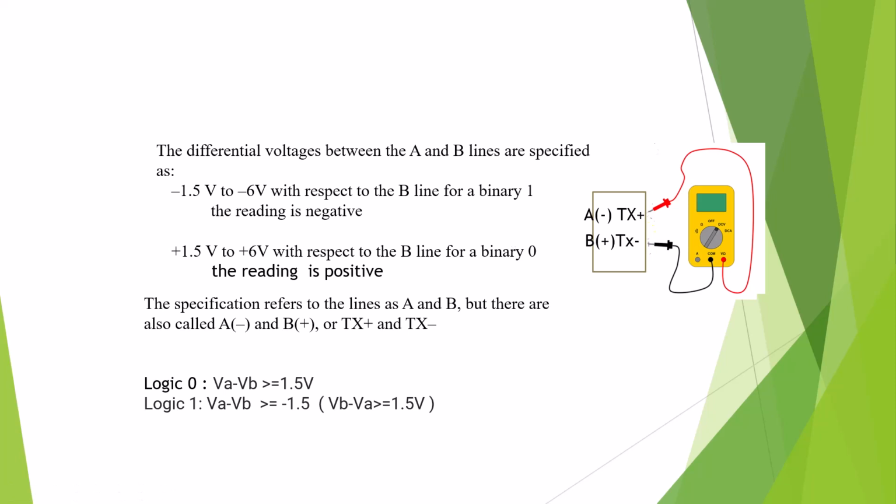If logic 1, the voltage between A and B is minus 0.5 to minus 6 volts, meaning the reading is negative. If your logic is 0, there is no signal from input to output, and the voltage is positive.